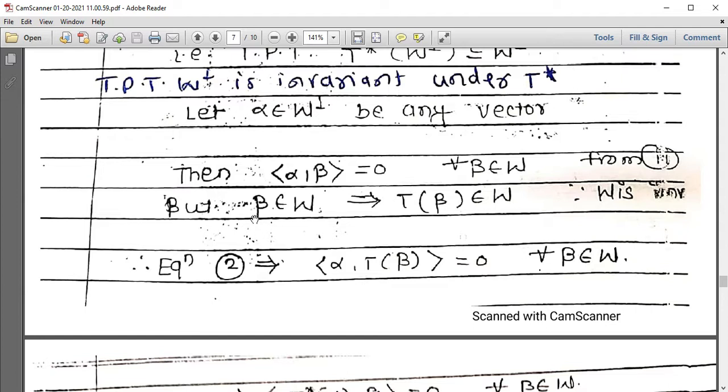Then by the definition of orthogonal complement, the inner product of alpha and beta is equal to 0 for all beta belonging to W. But beta belongs to W implies that T of beta also belongs to W because W is invariant under T. Hence equation 2 becomes the inner product of alpha and T of beta, which is equal to 0 for all beta belonging to W.